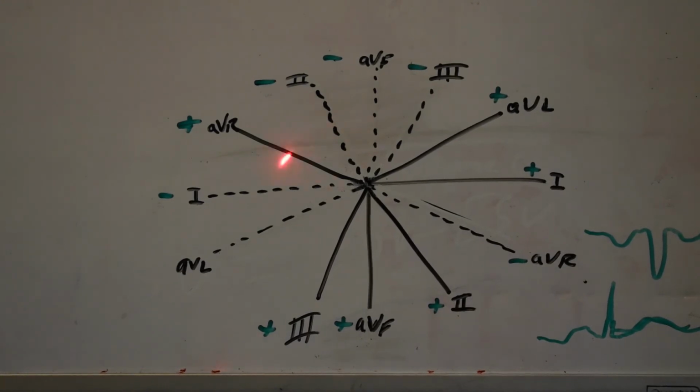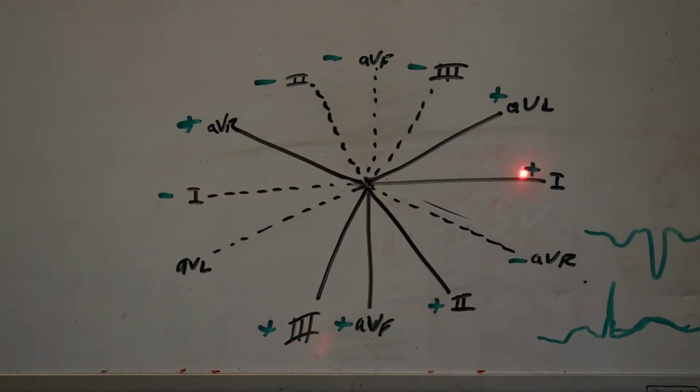The take-home point from this set of videos is I want you to understand electrical current, the travel of electrical current, the positive end of an electrode, the negative pole or end of an electrode, and what that means. If our wave of depolarization, our electrical stimulus, is traveling in its normal direction, the sum of all the electrical current should travel this way.